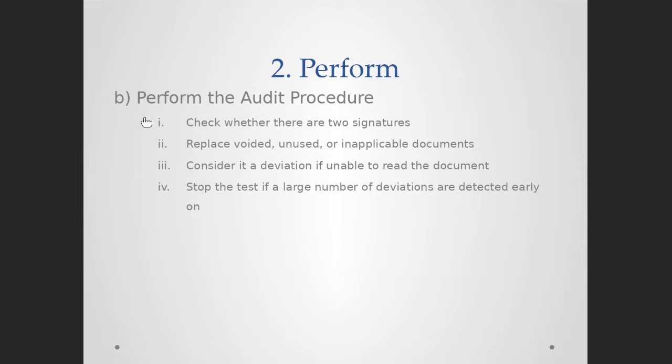Sampling unit. Excellent, very good. So our sampling unit in this case is one check, right? All the circles that we have done until now are to do this audit procedure. What is the audit procedure? Take each sampling unit, each check, and examine. Examine what? What are we looking for in each check?